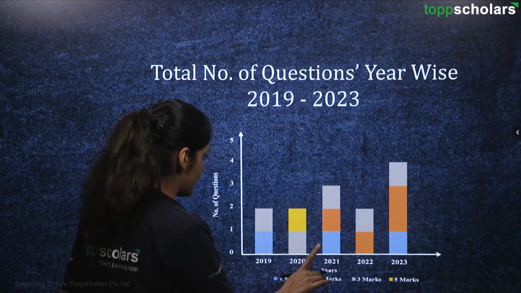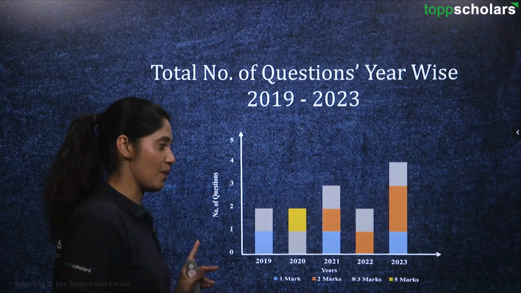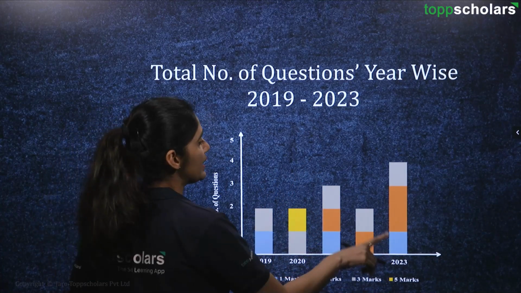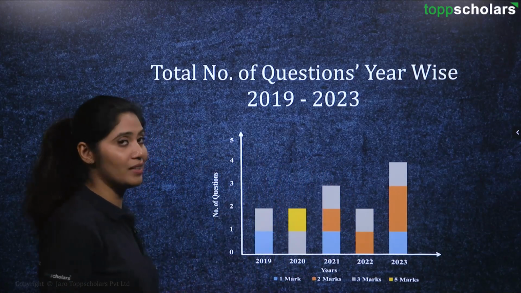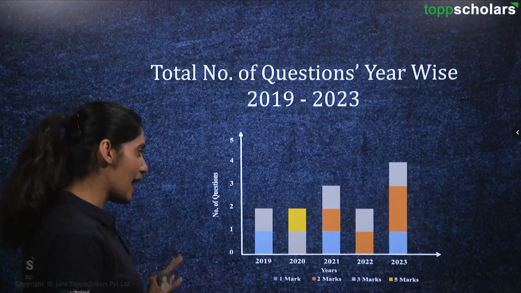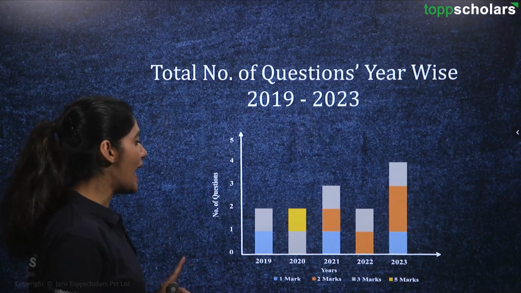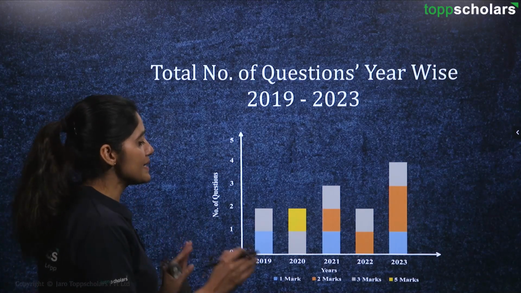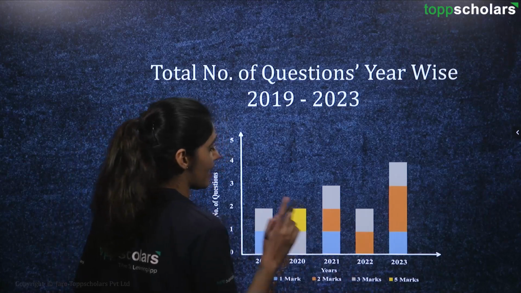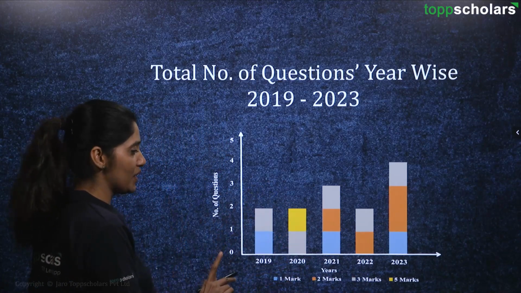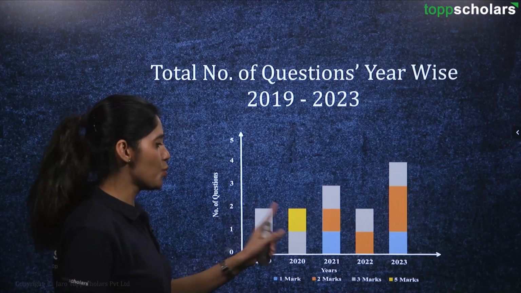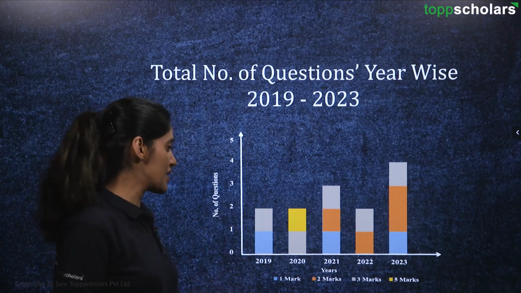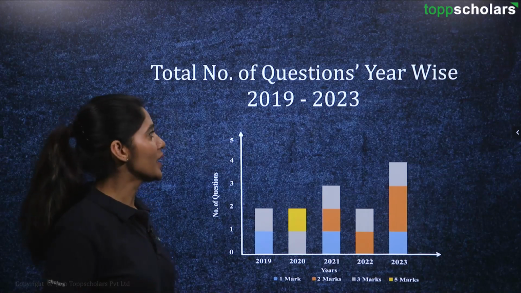In 21 we had 3 questions, and in 2023, that is last year, we had the maximum number of questions, that is 4 questions. And if you see, we have had consistently a 3 marks question every year from this chapter and also a 2 marks question. Just once we had a 5 mark question, that was in 2020.